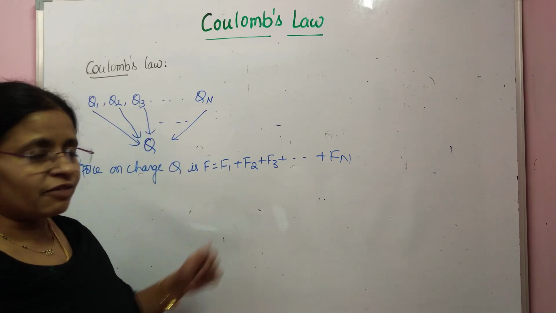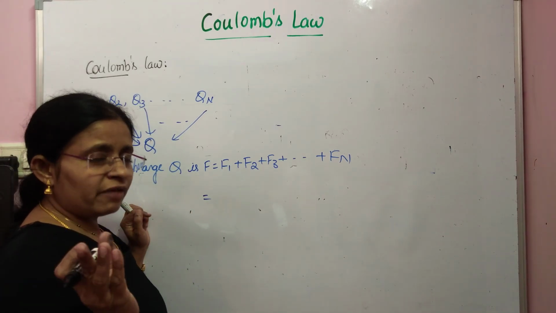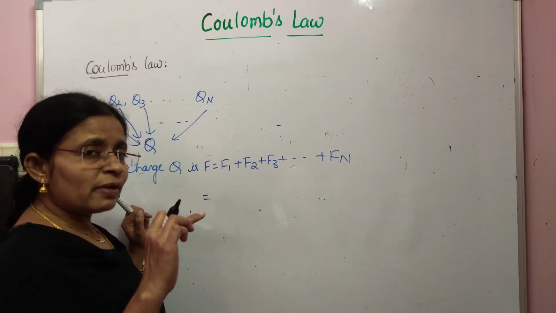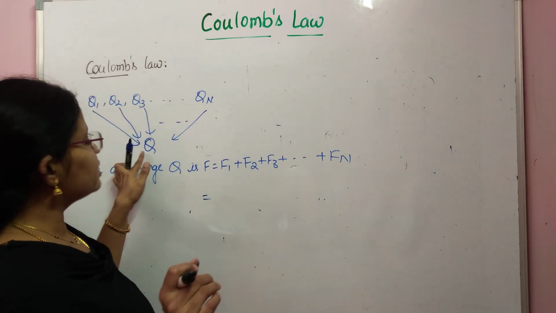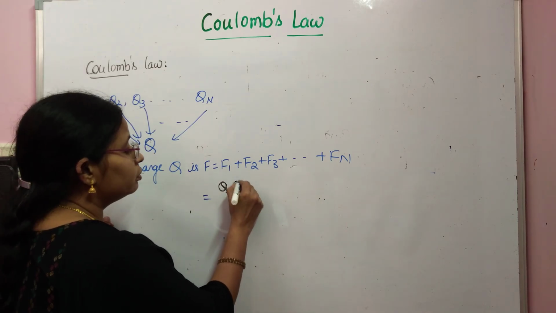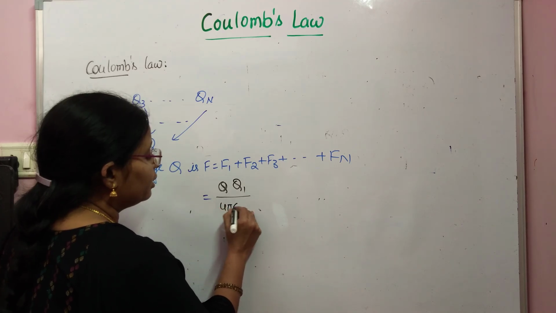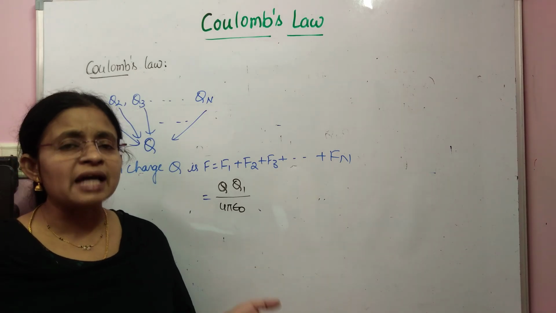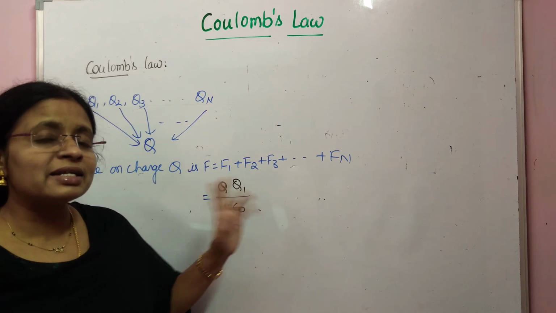Now we'll write F1. What is F1? In our previous concept it was Q1 and Q2, where Q1 is exerting force on Q2. Here Q1 is exerting force on Q. Simply you can write Q1 Q over 4 pi epsilon naught, and there it was R2 minus R1, here it is R minus R1.